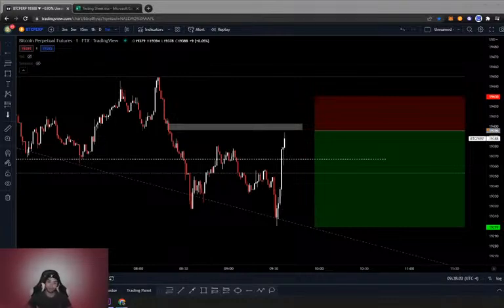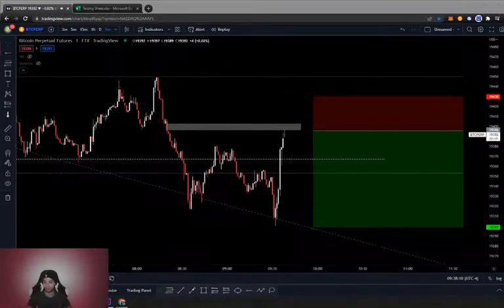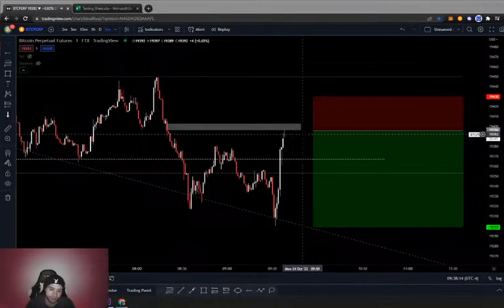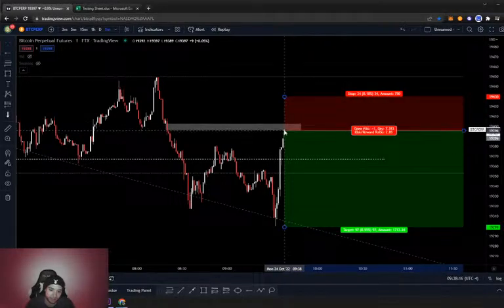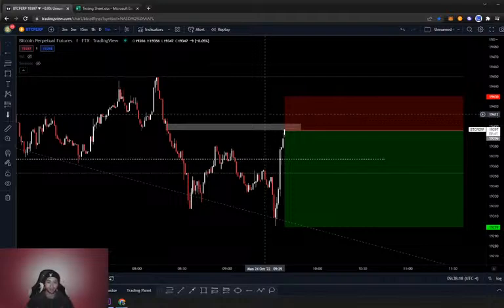Come on, any moment we might actually shoot right through before I even have the chance to enter, and if that's the case, boom, there we go. Live trade. Let's not fly through that fair value gap now.